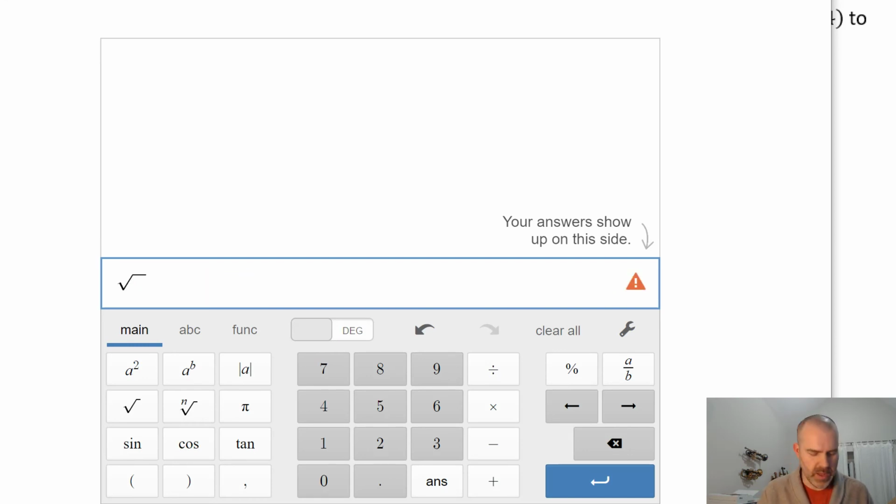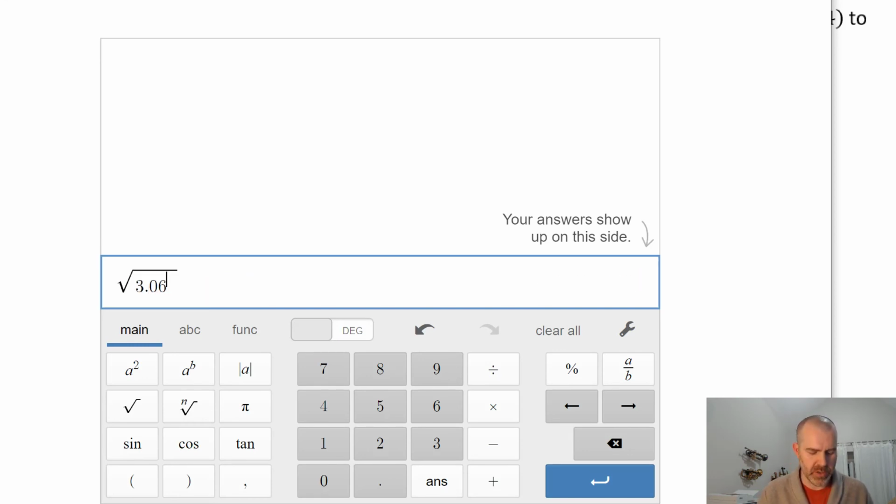Square root of 3.06 squared plus 3.92 squared is 4.973.